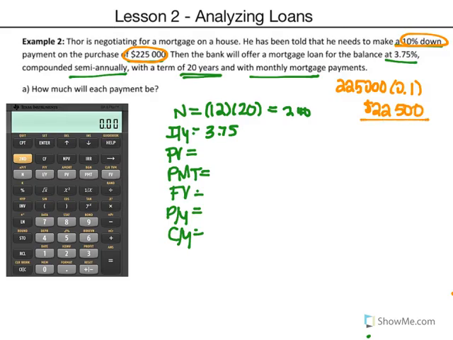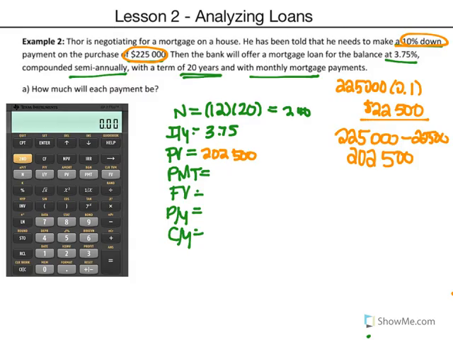So that's the down payment. So the house now costs $225,000 minus the down payment. So now the loan that you need to take out is $202,500. That's our present value. That's how much the loan is going to be for.